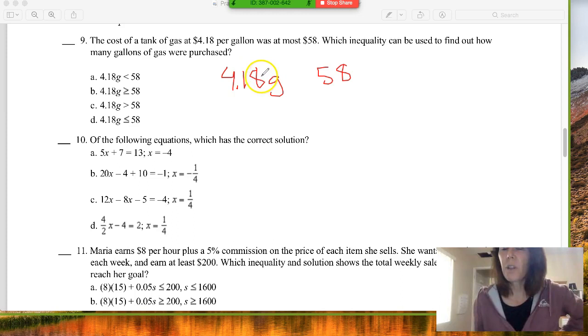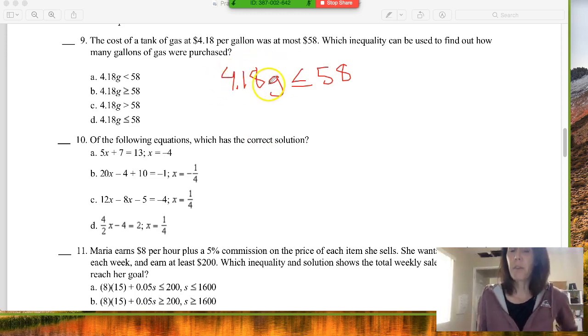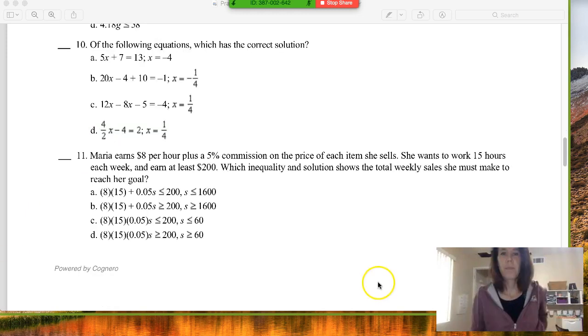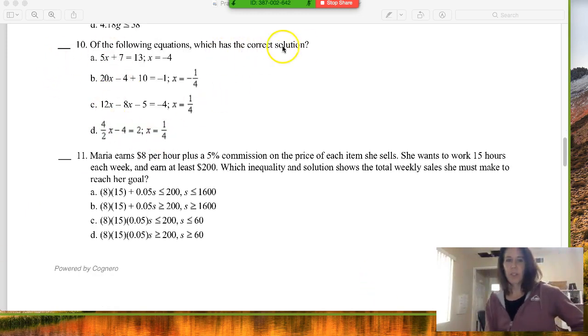Well, if at most you're going to pay is 58, you want this amount to be less than or equal to 58. So I'm going to take the cost per gallon times the number of gallons I have, and I want that to be less than or equal to $58 because it's at most $58. And that would be D. There you go.